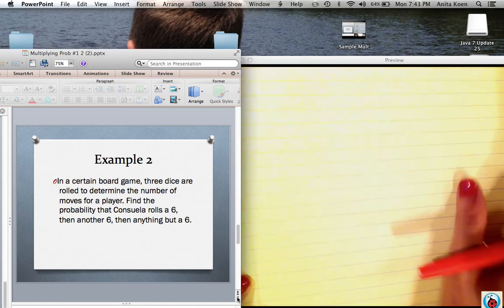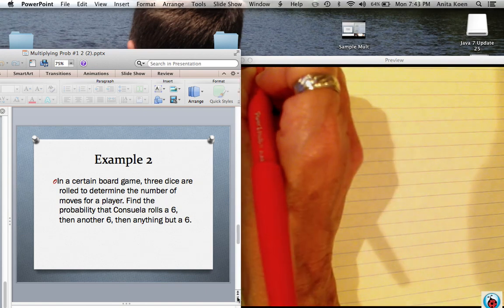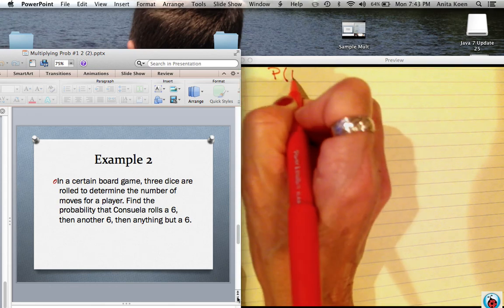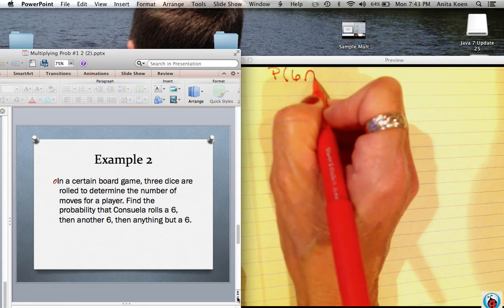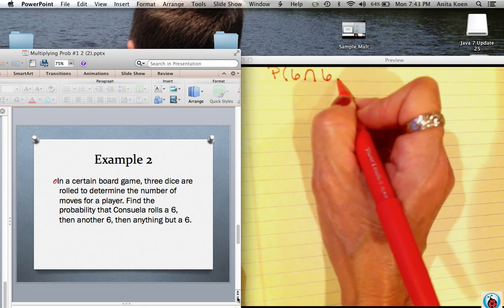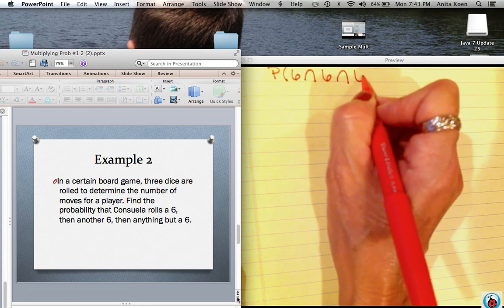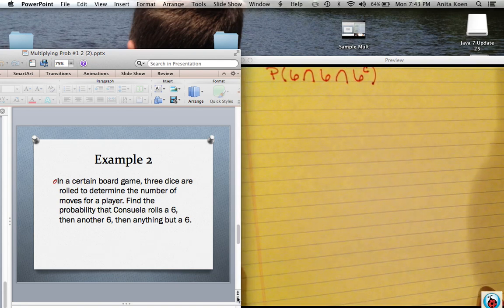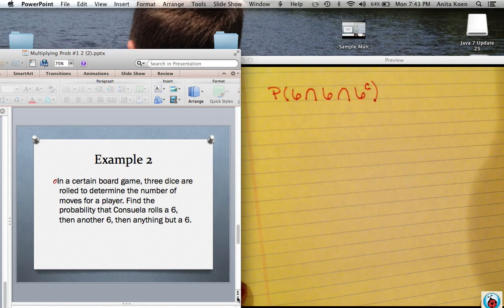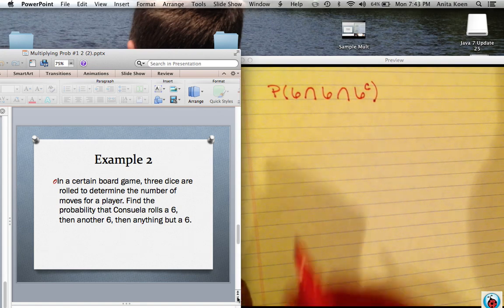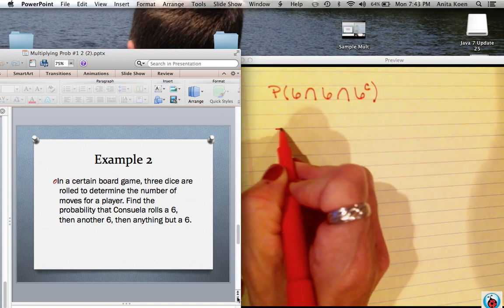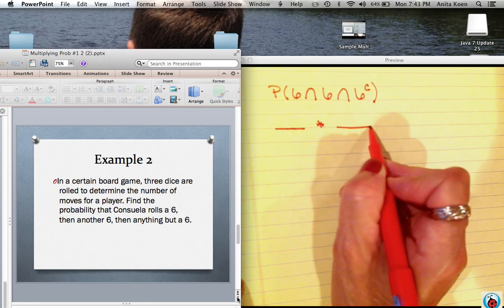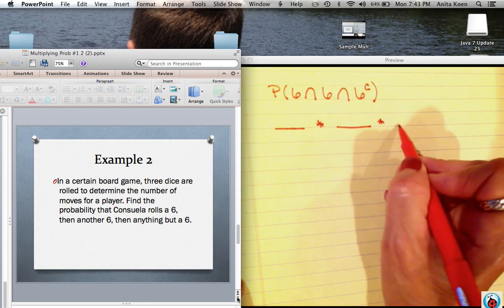So what we're looking for here is the probability that Consuela will roll a 6 and another 6 and anything but a 6. Anything but a 6 is the complement of rolling a 6. So we have to find the probability of each of these simple events and then multiply them together.